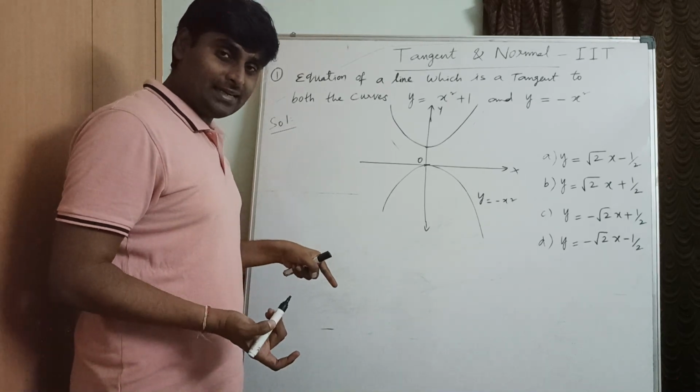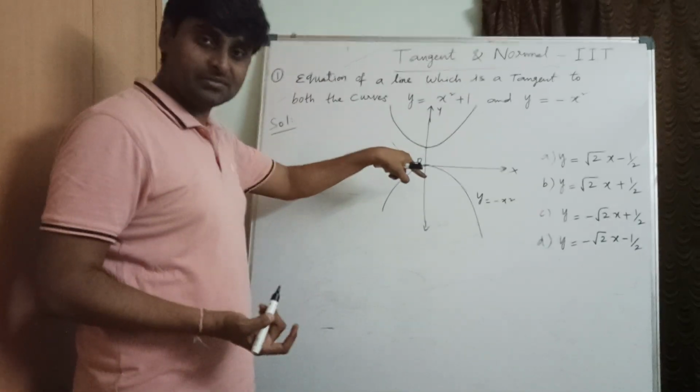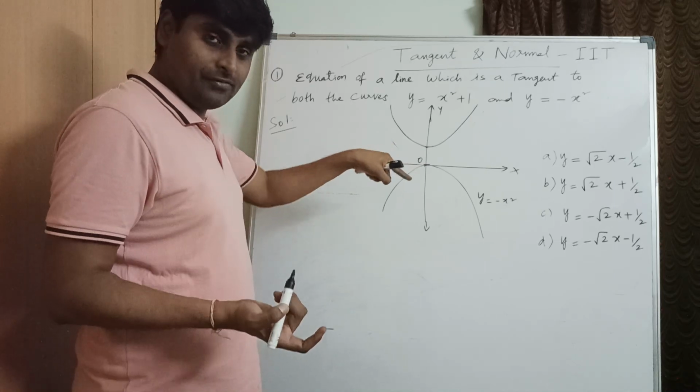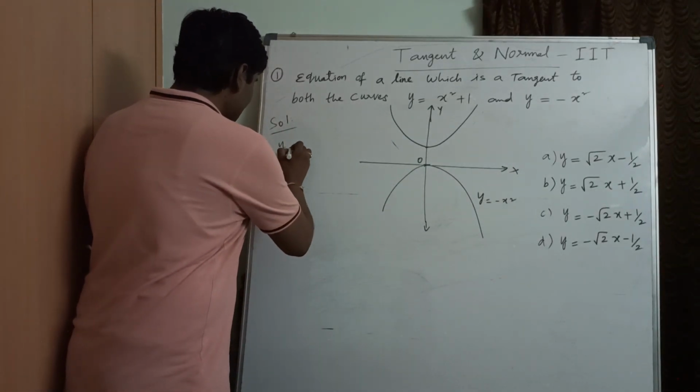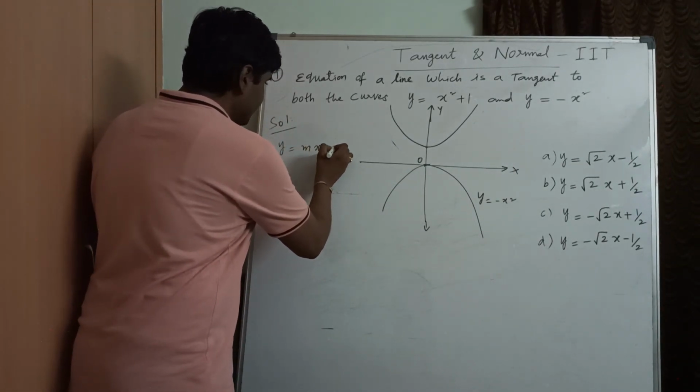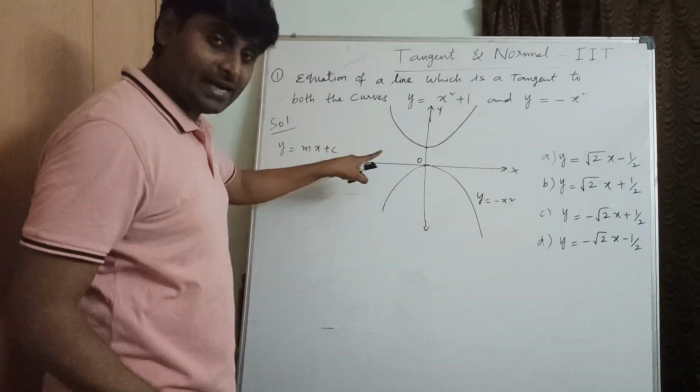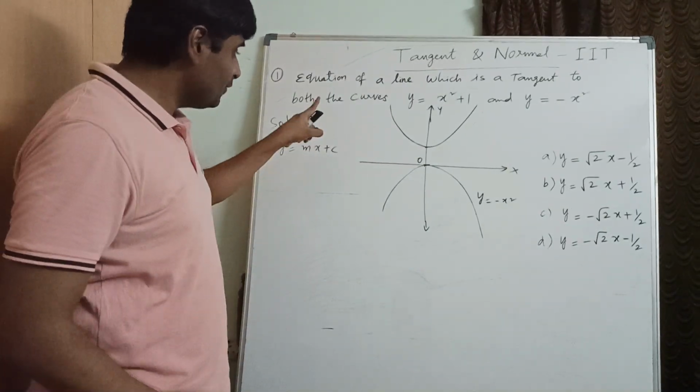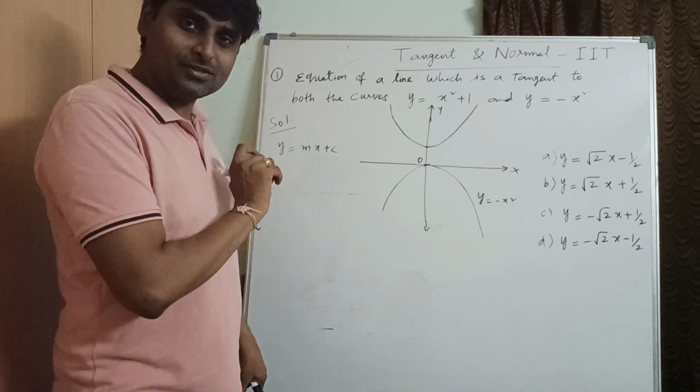So how can I take a tangent for both the curves? Is it in the form of y equal to mx plus c? Obviously, whenever you are not given any point, let me take a general tangent y equal to mx plus c, which is a common tangent for both the curves.